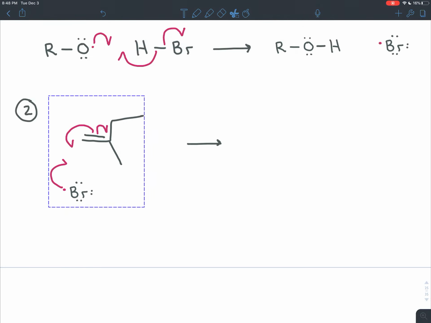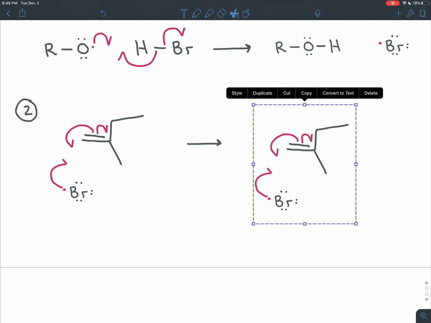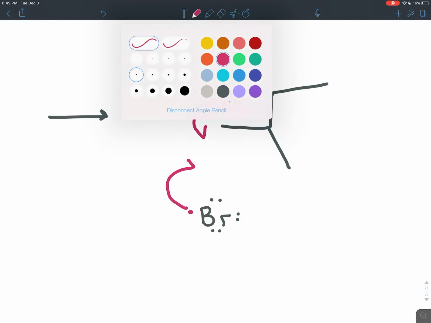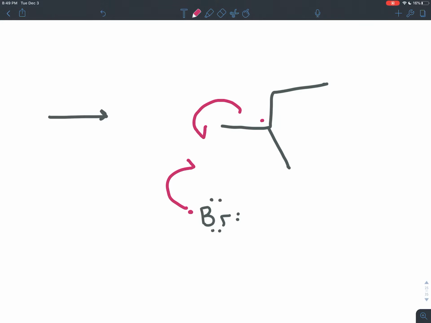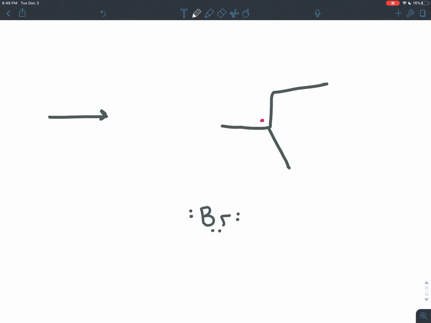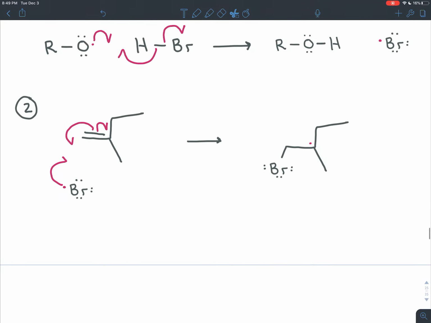So here, you end up with this bond breaking, you form a radical on that carbon, and you have a new bond between this bromine and that carbon. Notice that you have a tertiary radical here.